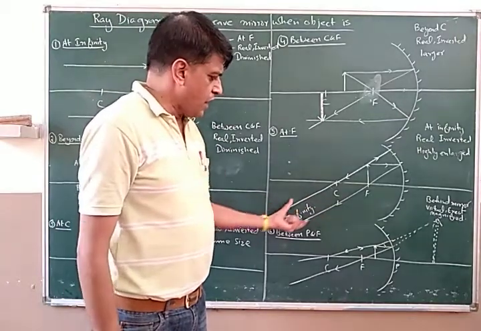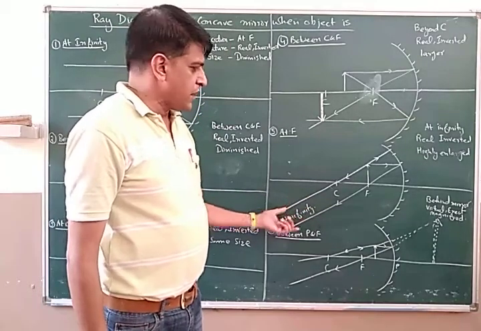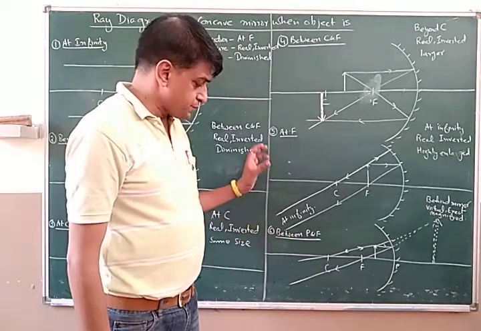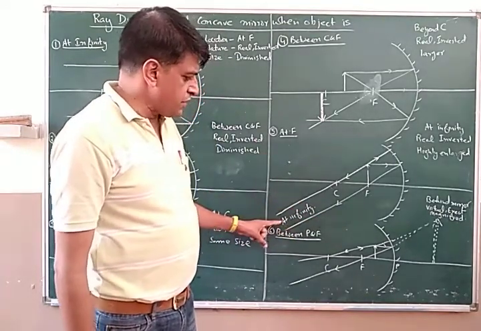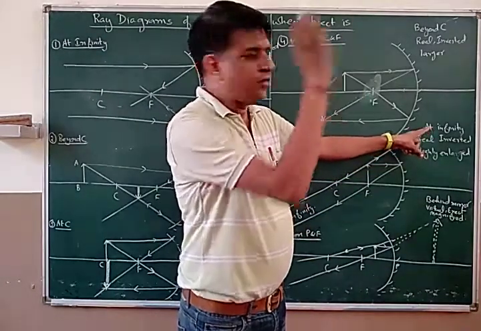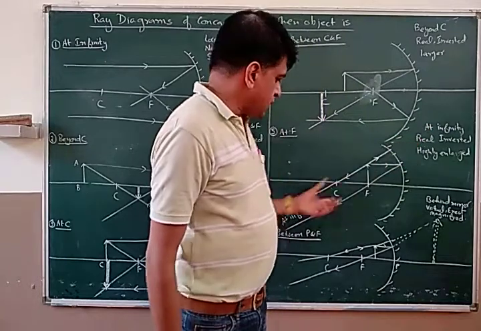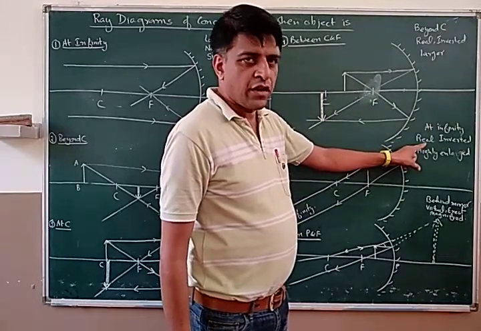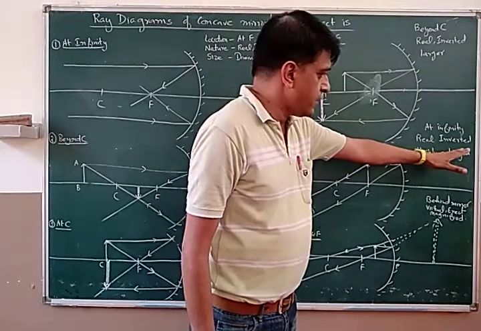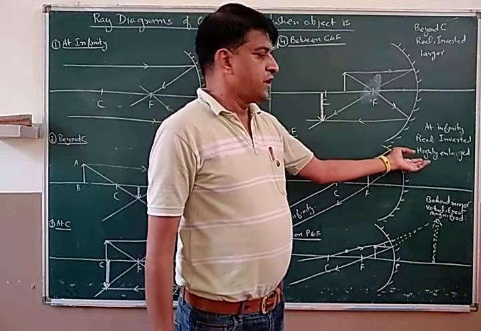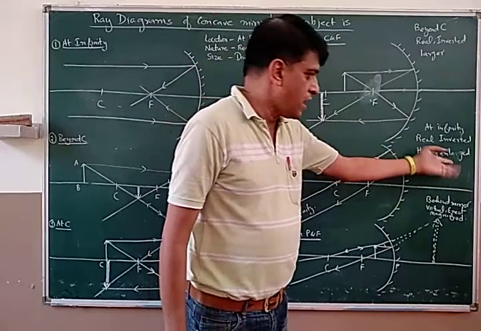Both the light rays become parallel to each other, and that's why these light rays will never meet, but you will say they meet at infinity, because they meet very far away from the mirror, and these light rays form an actual intersection. That's why we will write it is real and inverted, and the image will be at infinity. It will be highly enlarged.